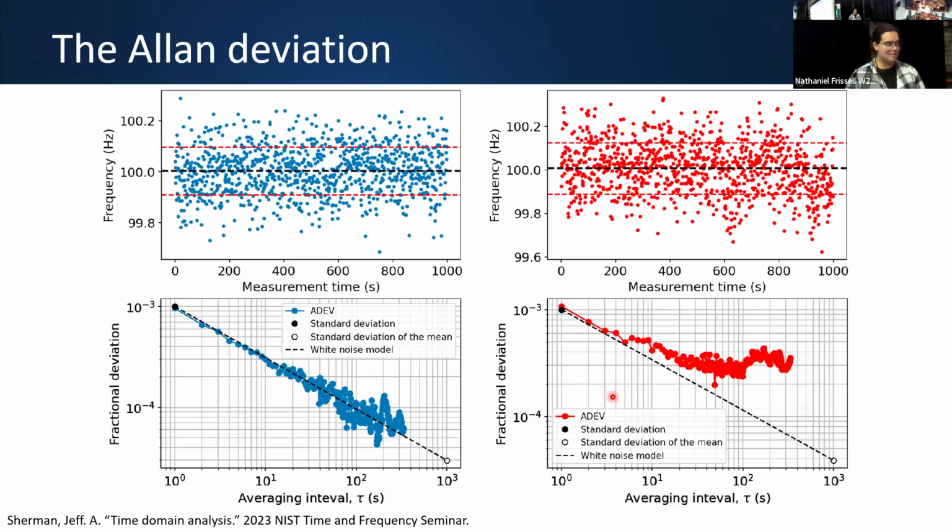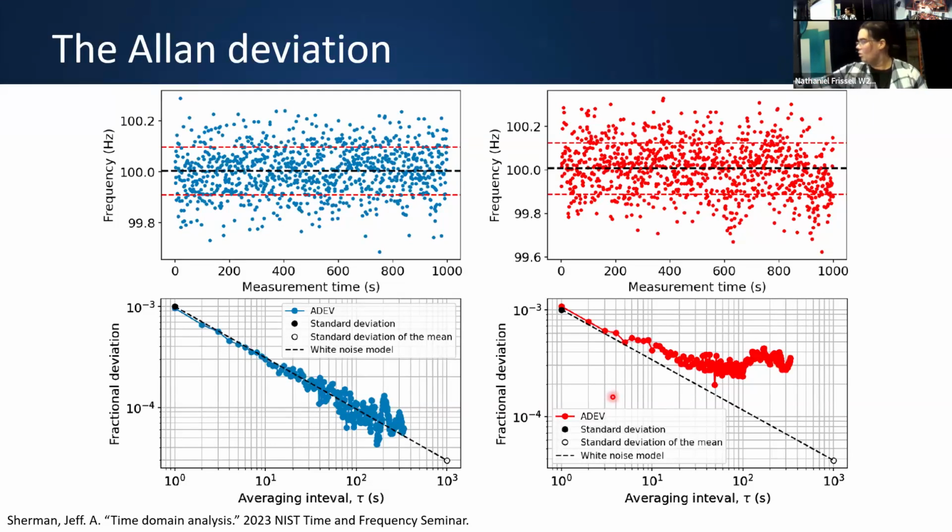This is really interesting because Allan deviation translates noise types into slopes on our graph. We can tell 3 main points about this. On the left side of this Allan deviation plot, which again is a function of averaging interval down on the bottom, we can say, okay, in the short term, the noise here is Gaussian-like.